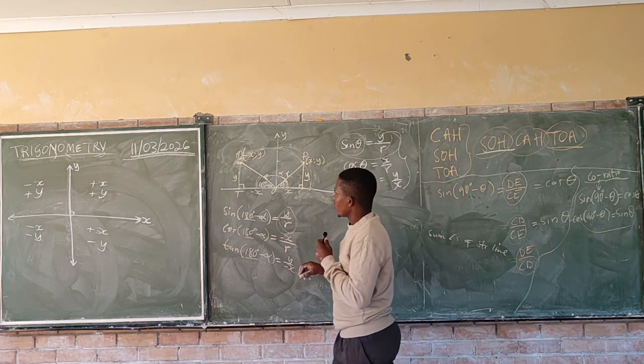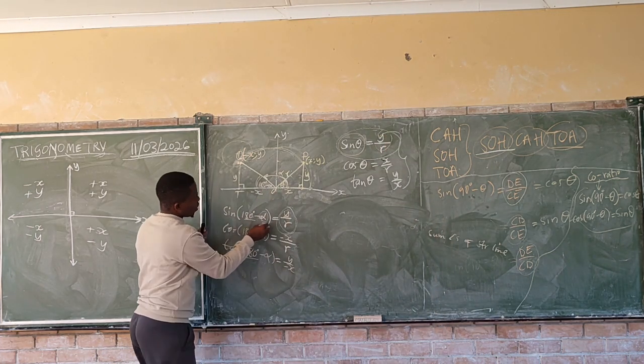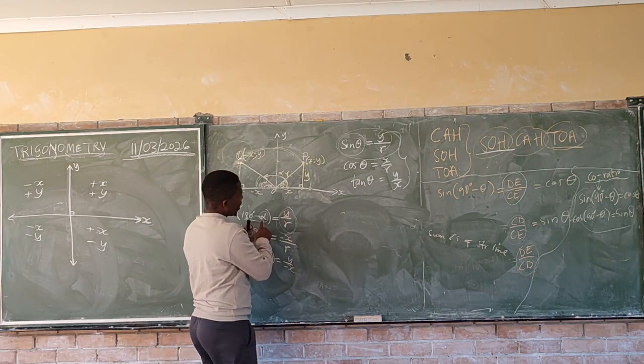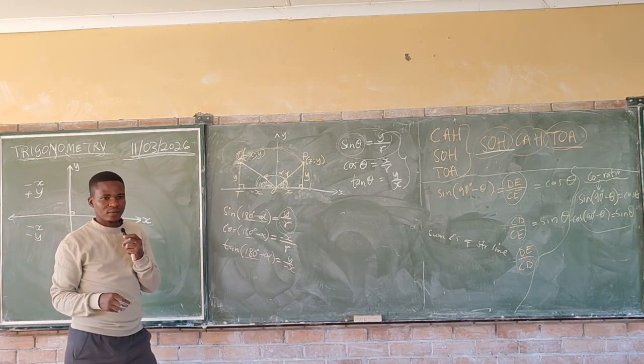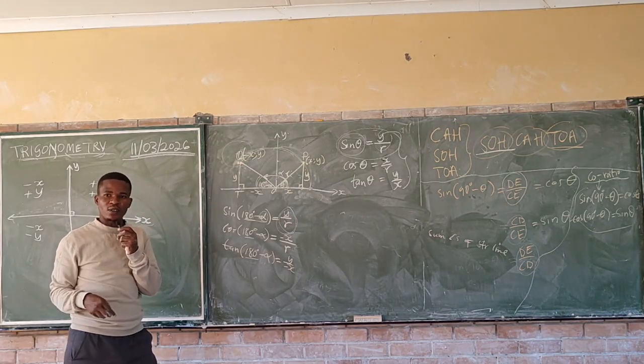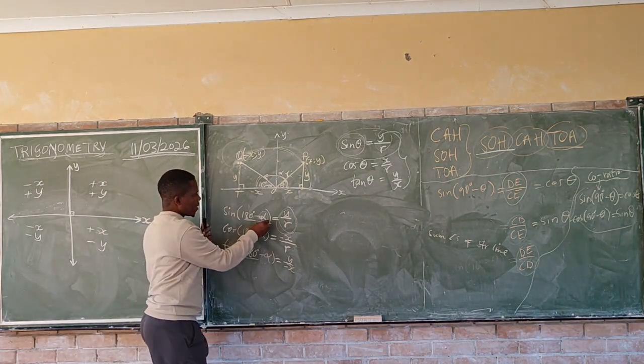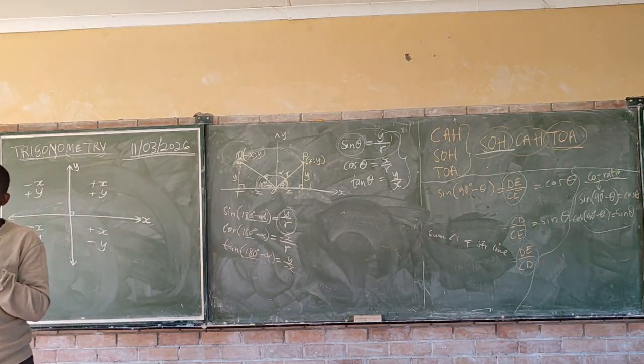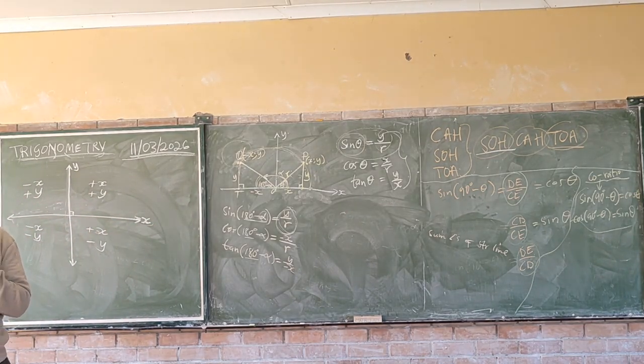So even if I'm here, I don't have to use 180 minus. I can use this alpha as it was given, as if I'm in the first quadrant, because this will still converge to the same ratio as I used in the first quadrant. Is that clear?